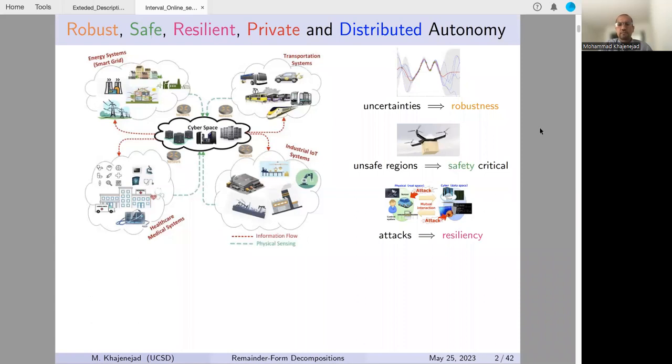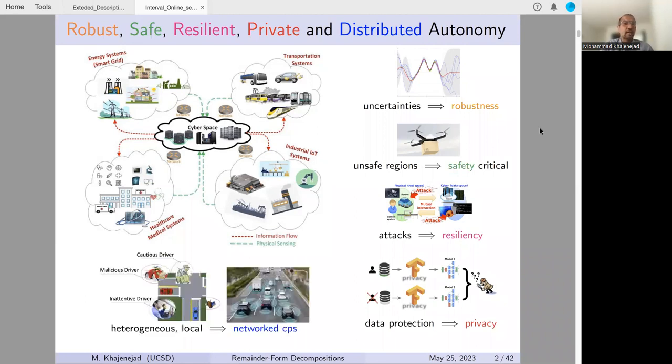Further, some of them are subject to different types of adversarial attacks, so we need them to operate in a resilient manner. They usually have a lot of flows of data, which we require to be protected, so privacy is important. Also, they usually have heterogeneous agents with local communications, so at the end of the day we want them to be considered in a network setting and work with networked cyber-physical systems.